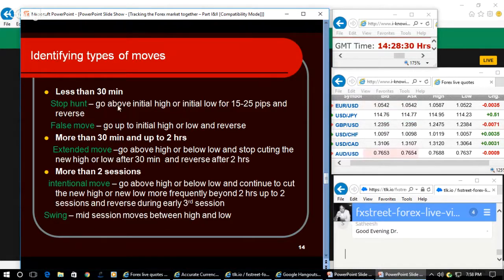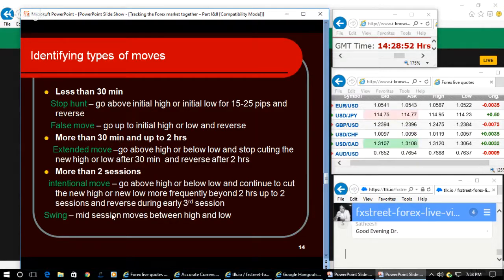So they make, in less than 30 minutes, two types of moves, namely stop and false move, and above that, more than 30 minutes and up to 2 hours, an extended move, which is again a quick move. All these three are quick moves, and only the intentional move is a slow move, and that will be pip by pip.